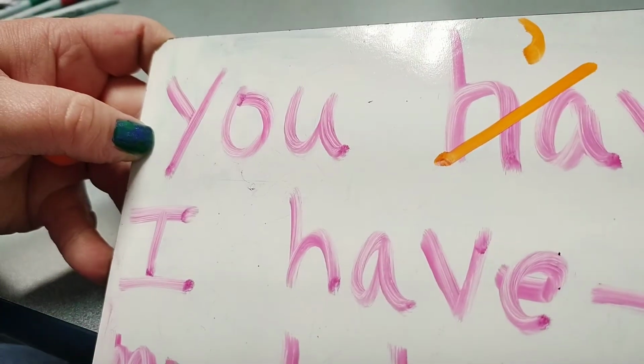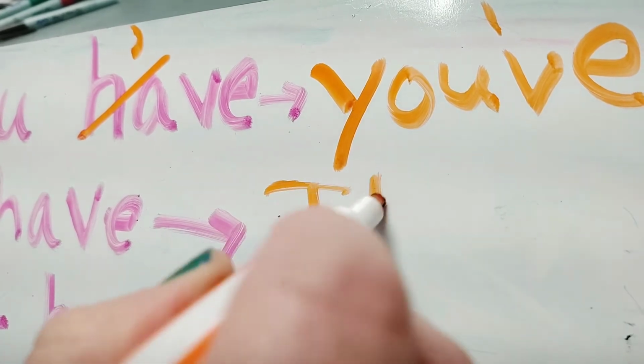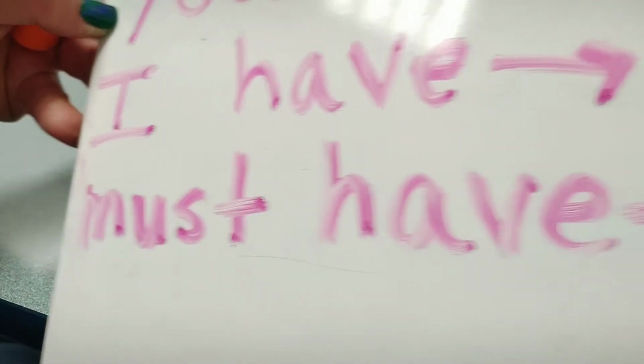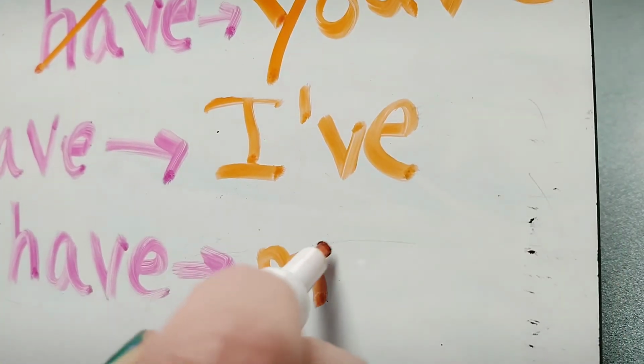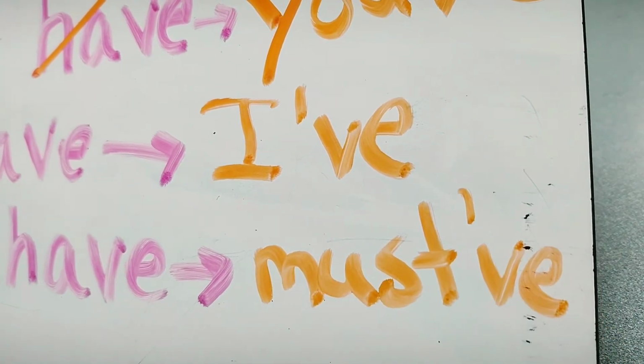So you have becomes you've. Okay. I have becomes I've. Must have becomes must've. Okay. All right.